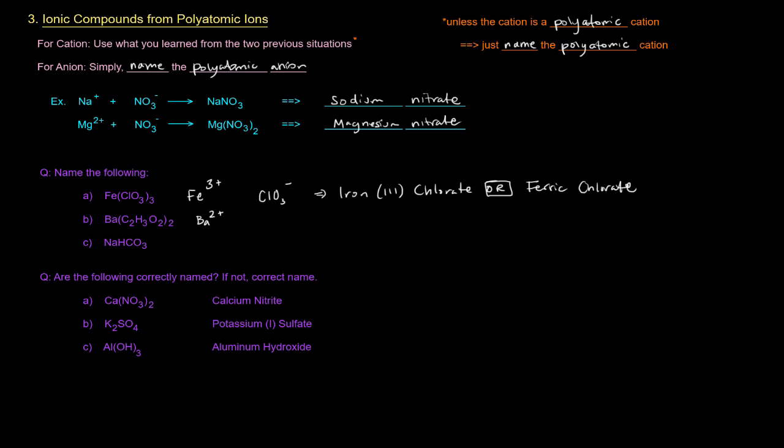I should have memorized that as acetate, right? That's C2H3O2, and that has a -1 charge. So I'm going to name the cation, which is just barium in this case, and the anion is just the name of the polyatomic anion, which is acetate. So barium acetate. And that's it for that one.